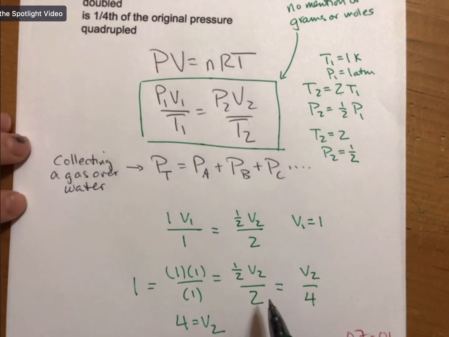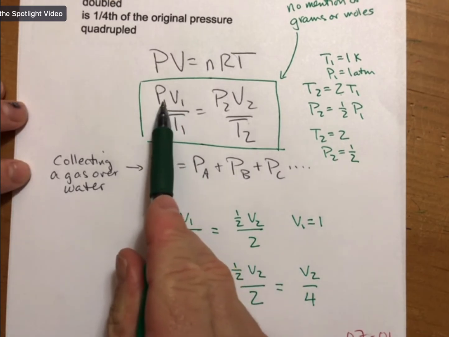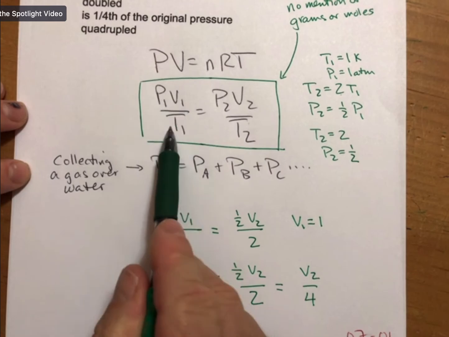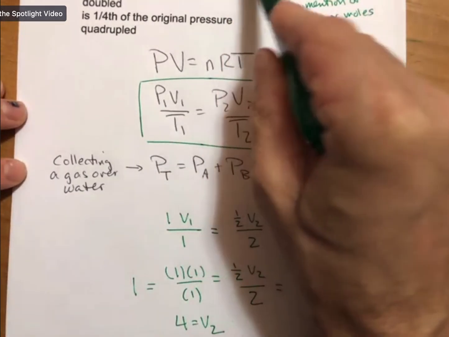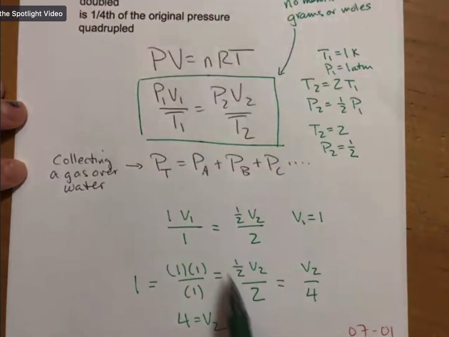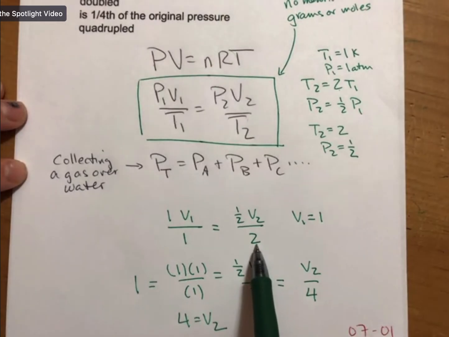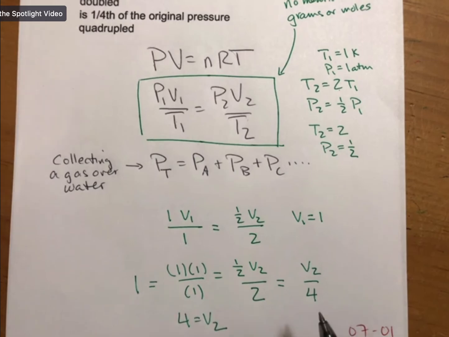And again, all I've done is I made all of my P1, V1, and T1 just equal to 1s. And then I used the problem to tell me what the other numbers should be. Since absolute temperature doubles, T2 was 2. That just doubles whatever T1 was. And I picked 1s because 1s are nice numbers.